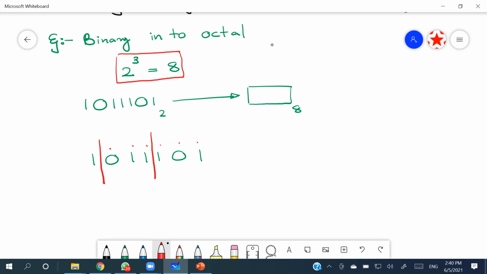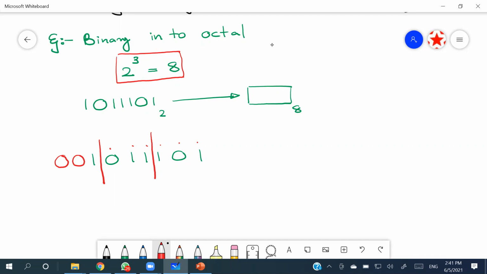Each and every group we consider as a small binary value. Since I don't have 3 characters in the very last group, if you want, you can put 2 zeros to indicate 3 characters. It doesn't do any harm to your calculation.